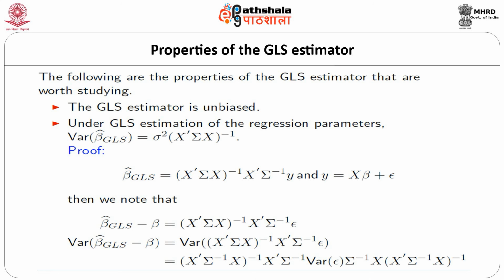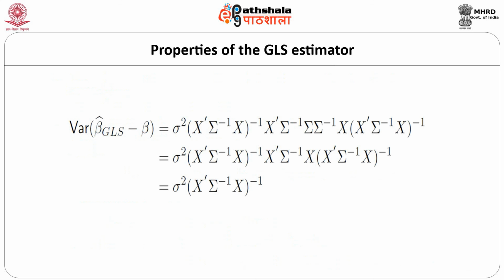So, the variance of beta hat GLS minus beta equals x prime sigma inverse x whole inverse x prime sigma inverse times variance of epsilon times capital sigma inverse x times x prime capital sigma inverse x whole inverse. And now, replacing variance of epsilon by sigma in the previous expression, we obtain the final expression for the variance of beta hat GLS minus beta equals sigma square x prime sigma inverse x whole inverse.